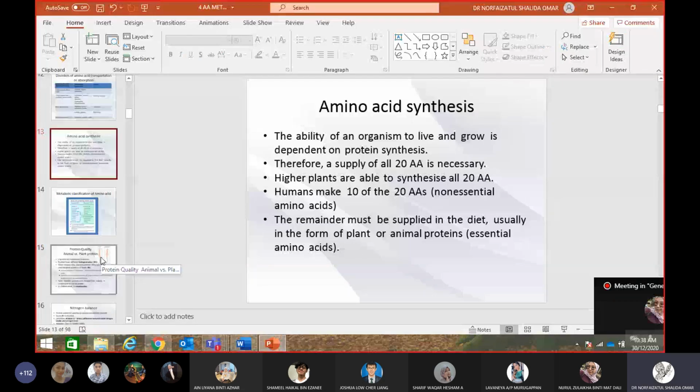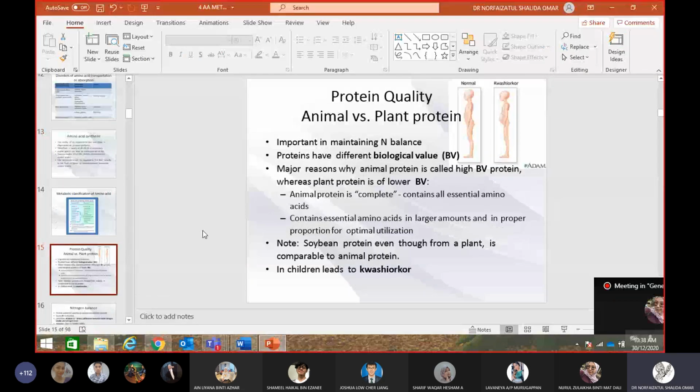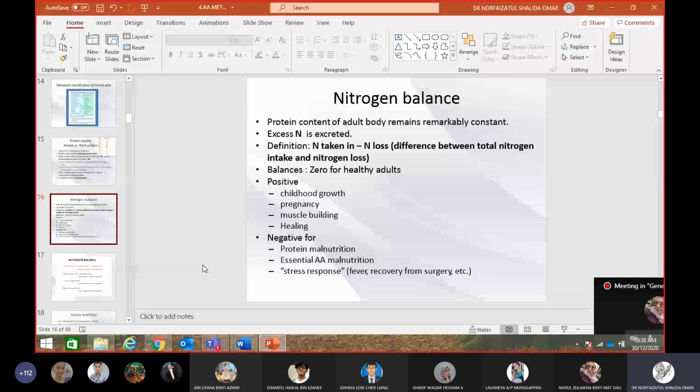Special in the protein, because protein in our body, okay, our body always maintains a certain amount of nitrogen, because mainly the amino acids are all in the form of nitrogen. So our body will maintain a constant amount.